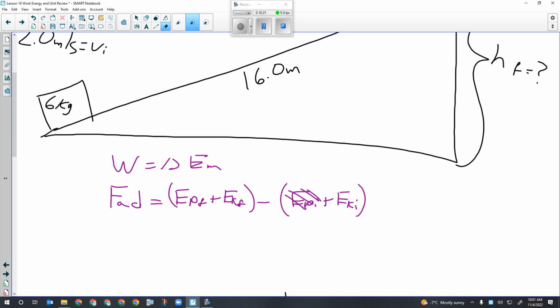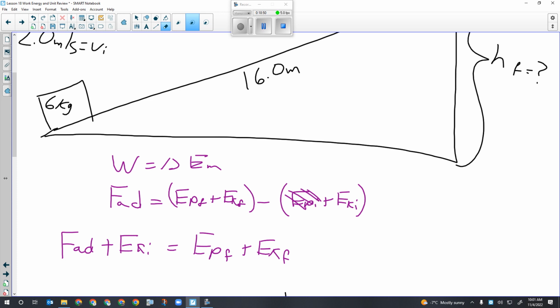So can I move this over here right now? Yeah. Okay, so I'm going to say my work minus my initial kinetic energy equals my final potential energy. No, not minus, plus, sorry, because it's there, plus.